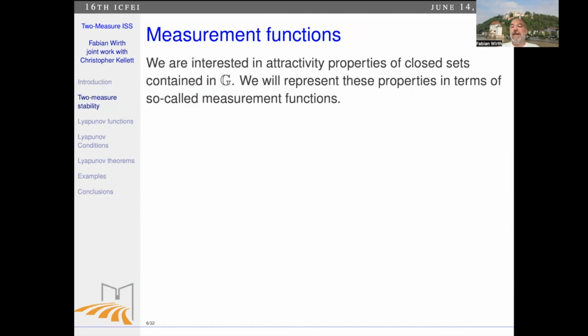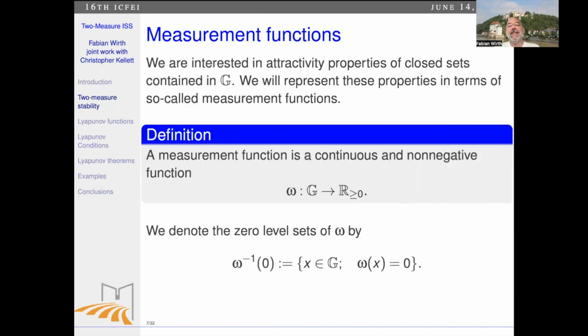So what's the idea? So we're interested in attractivity properties of closed sets. And for this, we will use what we call measurement functions. So what's a measurement function? A measurement function is just a continuous non-negative function. So you have a wide variety of measurement functions. So a function which takes values in G and maps to a non-negative number.